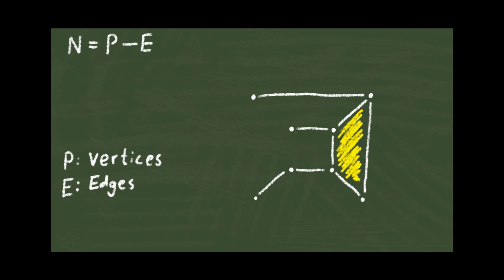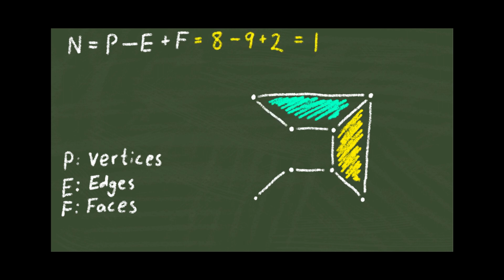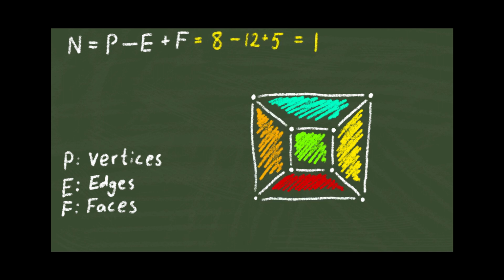We will call this a face. Since adding an edge of this kind also adds a new face, we still can keep our n constant by adding the number of faces to it. So for our connected graph, we always end up with the number 1 by calculating n in this way.